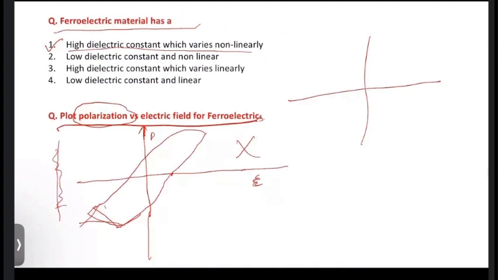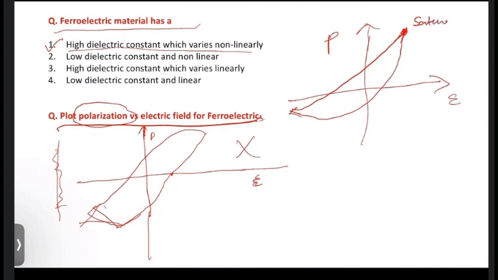We have this kind of shape, P and electric field. This point is called the saturation point. Beyond this, there is no change in the polarization.